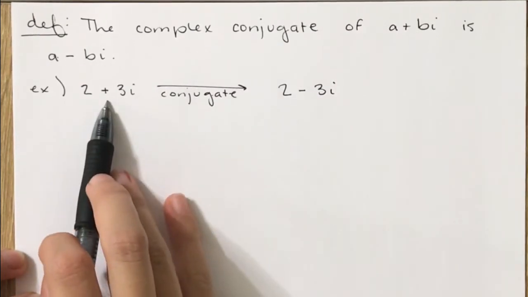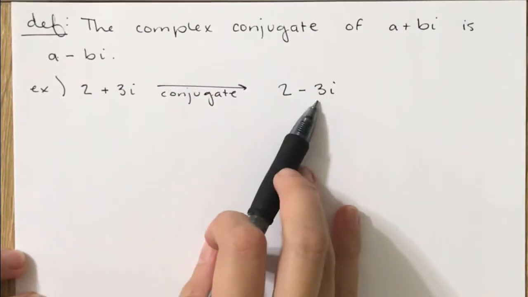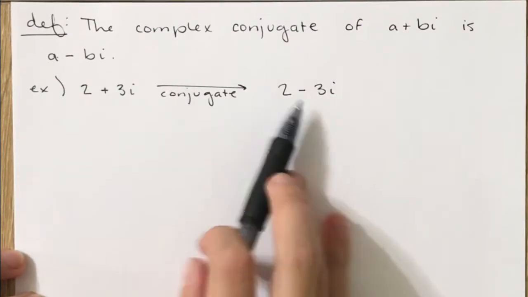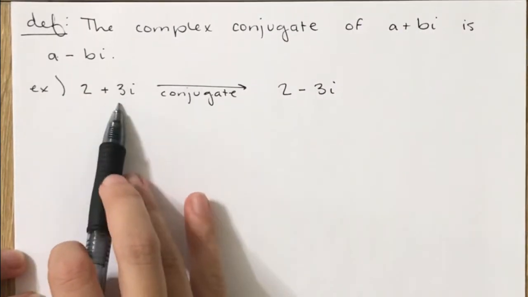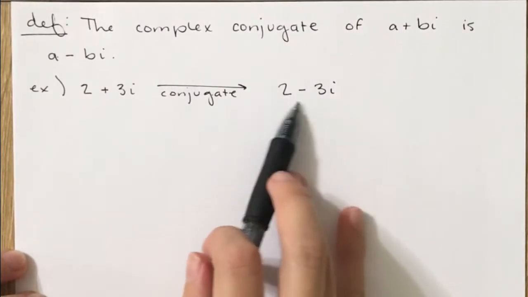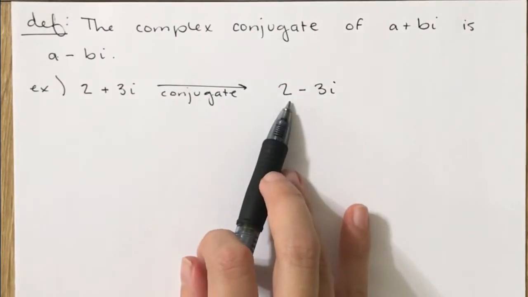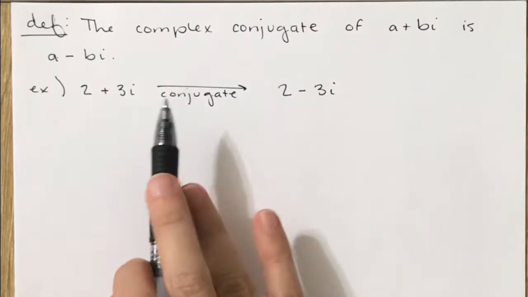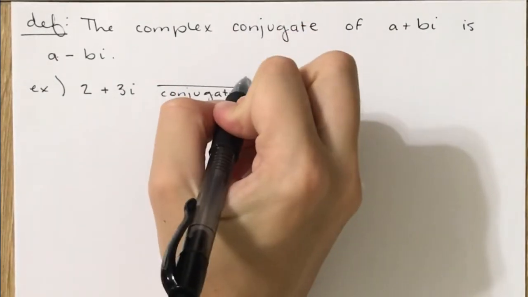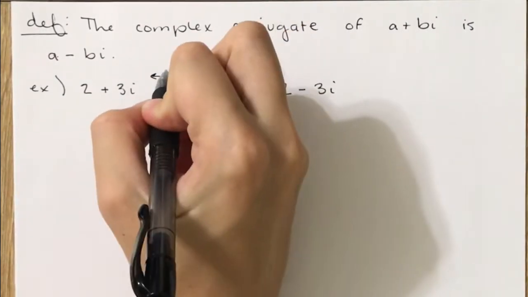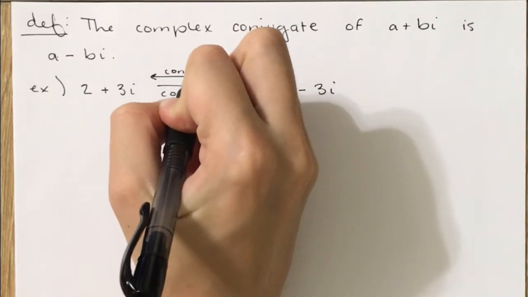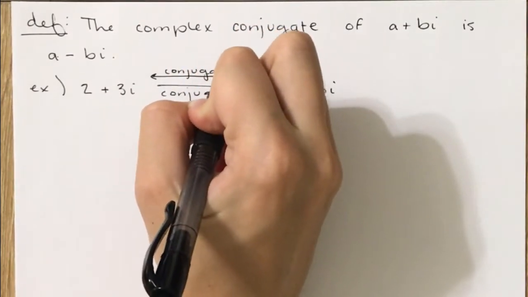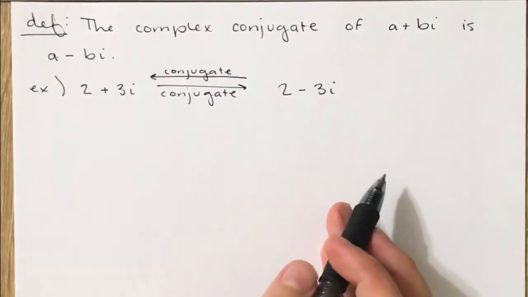Well, we're flipping the sign of the imaginary part, right? We've flipped the sign of the imaginary part here. So if I wanted to find the conjugate of 2 minus 3i, I would need to flip the sign back to positive. So the conjugate of the conjugate is our original number, right? It works both ways.